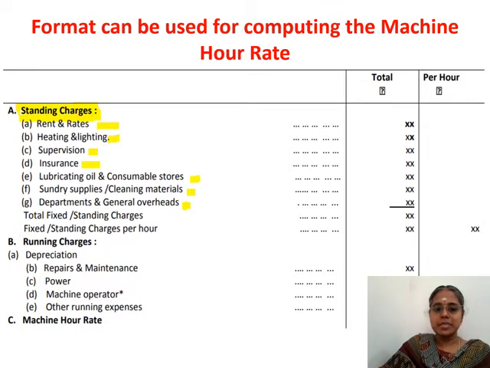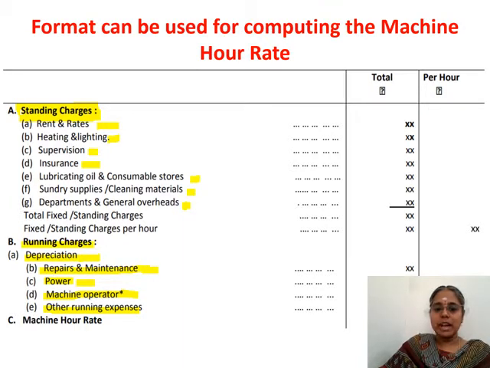And next, running charges. When you run the machine, there is depreciation, repairs and maintenance, and power will be consumed. An operator will use the machine only when he runs the machine, and other running expenses. These are all used for calculating the machine running charges.